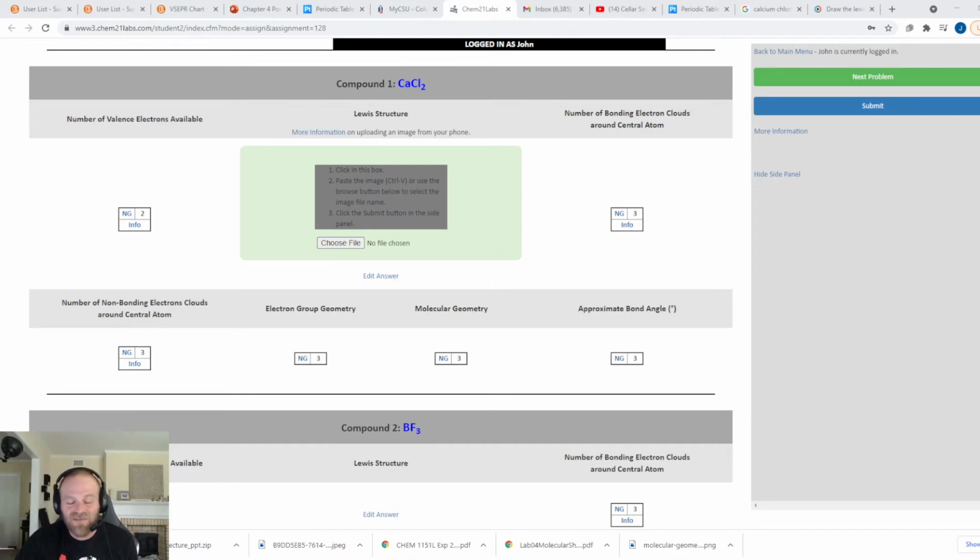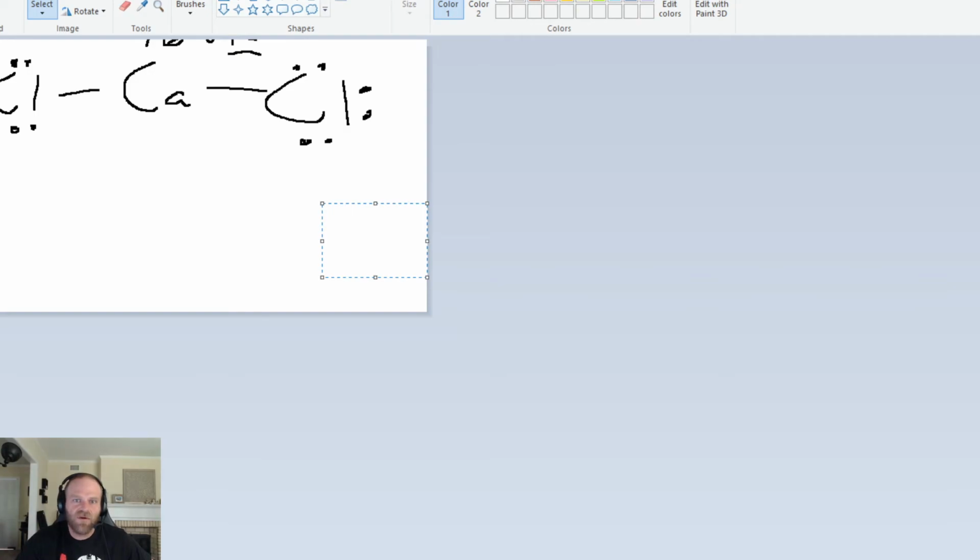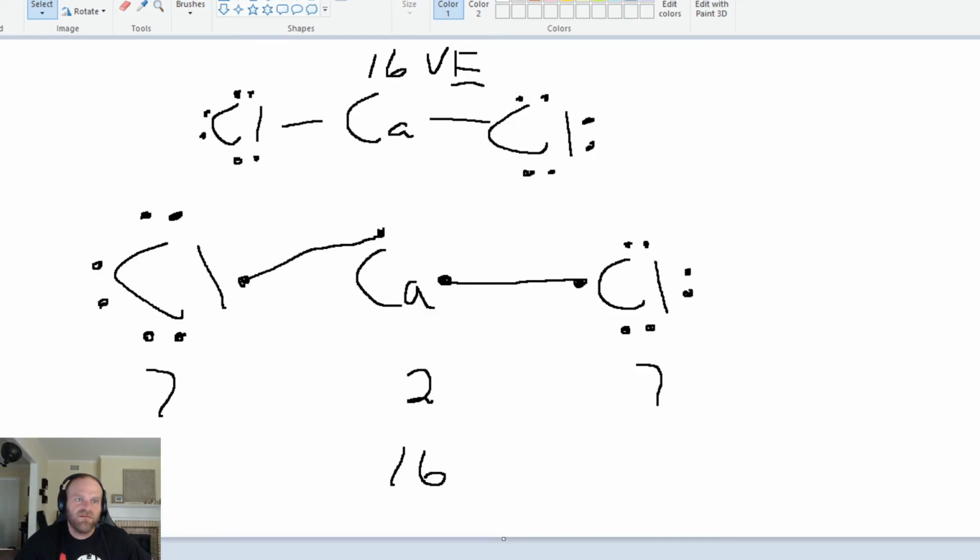I can save that image and then upload it onto my lab report. Oh wait, I didn't show y'all. So I came over to the paint program and clipped out that image of the calcium chloride. You can draw it up and make it prettier. If you can't find it on the internet, you could save the image.